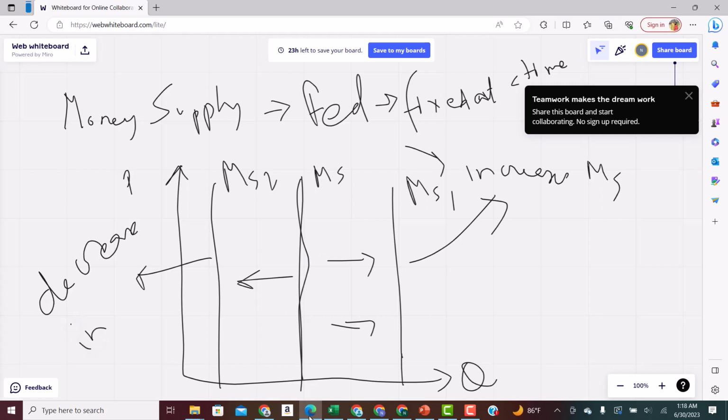So when the Fed decides that they want to lower the supply of money in the economy, and they take different types of monetary policies to lower the money supply, then the money supply curve will shift to the left. And if they decide to increase the money supply in the economy, then it will shift to the right. So that is how a money supply curve will look. Because it is controlled by the Fed, it is a vertical line.